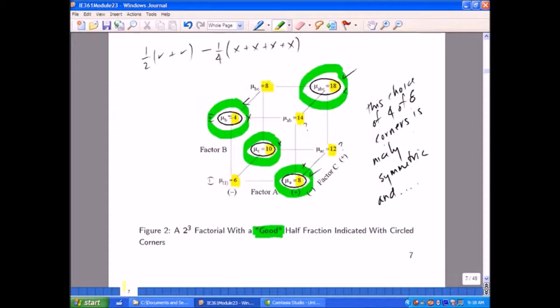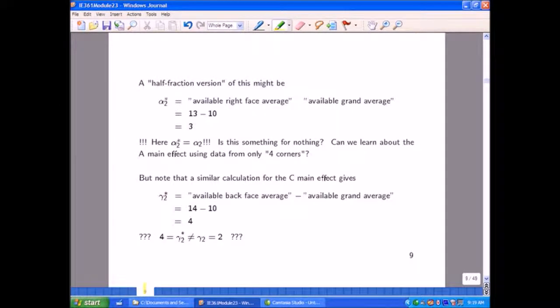And now what happens if I take this computation? Well, as if by magic, if I take the two corners that I do have on the right face and average their responses and subtract the average of the 4 corners that I do have, what I wind up with is 13 minus 10. I wind up with 3. That looks like magic.